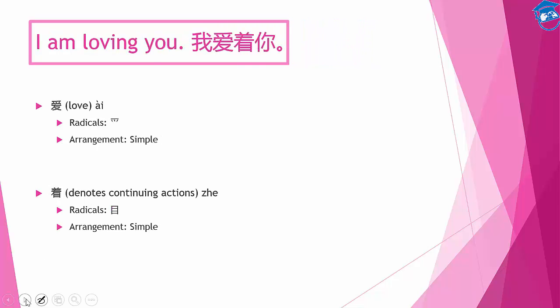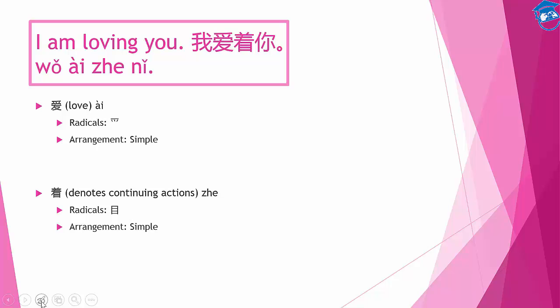This will be the last slide that I'm going to teach for today before I go to the summary. In this slide, the sample sentence I have here is I'm loving you. 我爱着你.